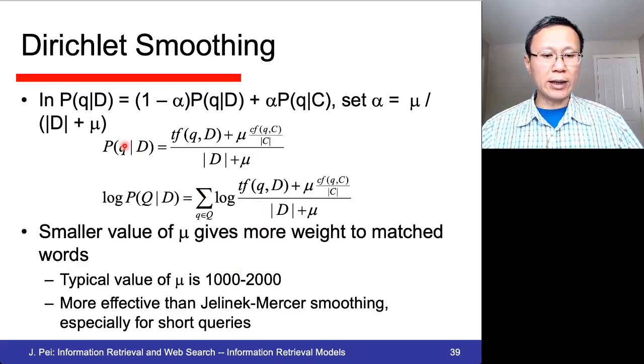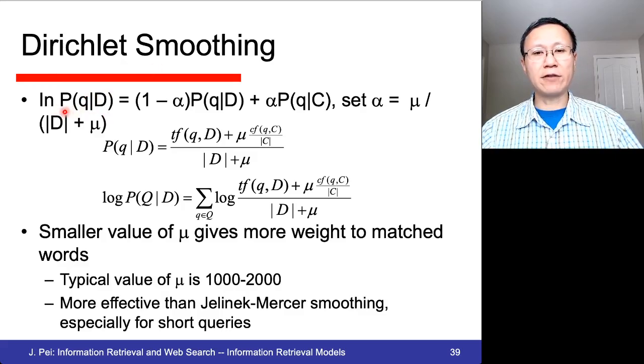A specific way to do this smoothing is Dirichlet smoothing. In this way, we have this formula, and we set alpha equals mu divided by the length of the document plus mu, and then we update the probability of query term Q conditional on D using this formula.